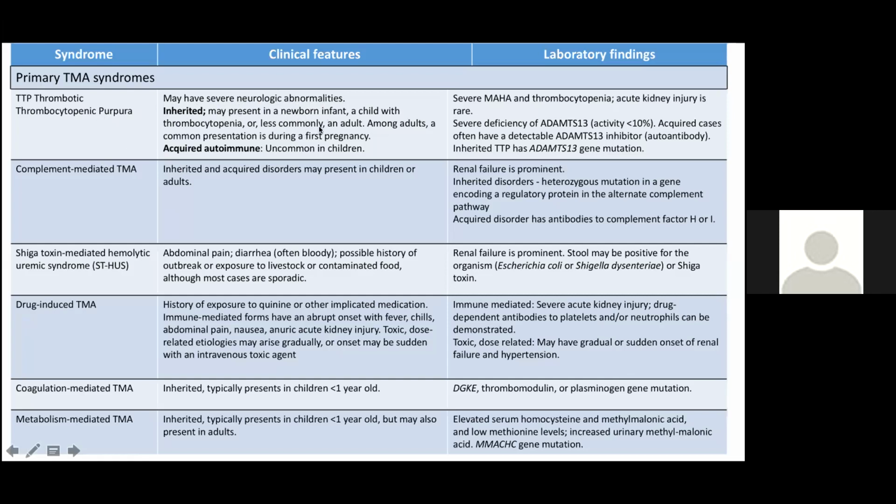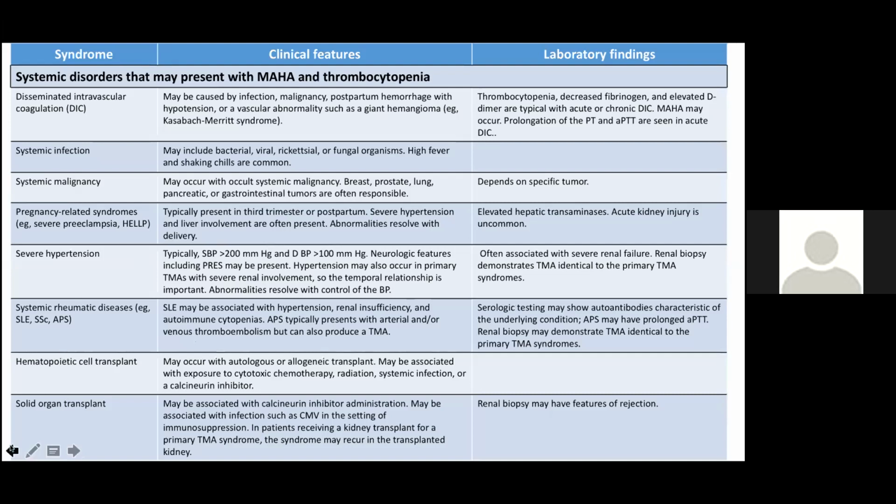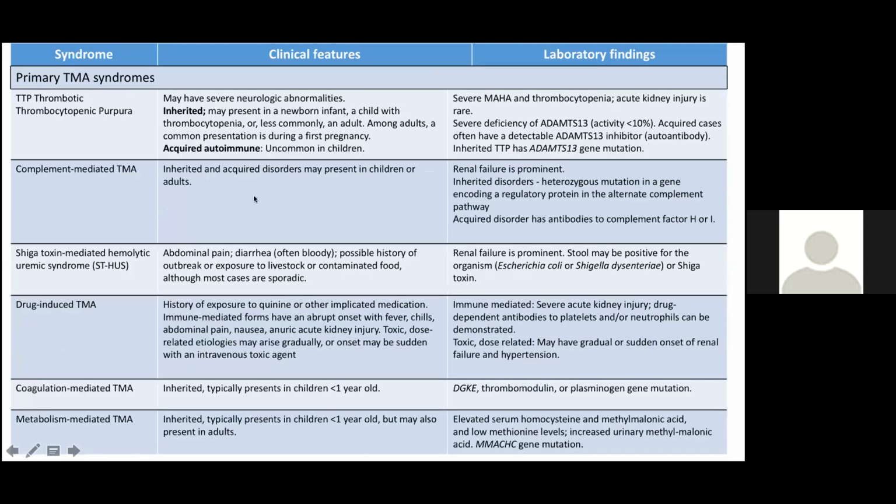Inherited one is less common in adults. Usually, if the inherited one is going to present in an adult, it happens during the first pregnancy. And acquired autoimmune TTP is uncommon in children. Again, the microangiopathic hemolytic anemia and thrombocytopenia will be very severe in TTP compared to other ones.